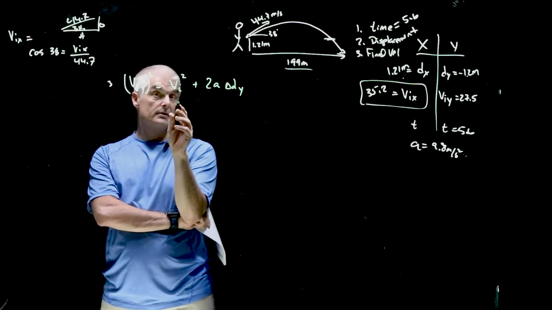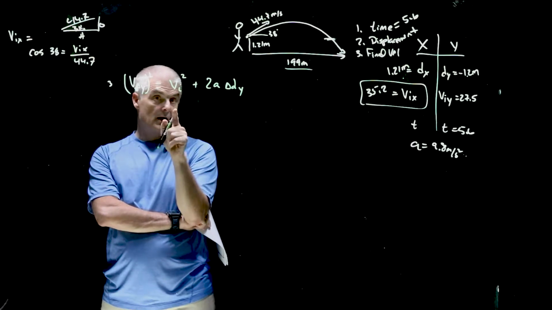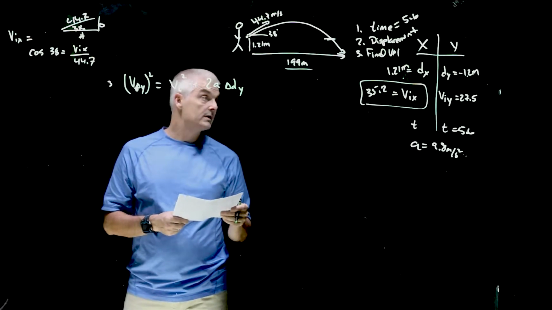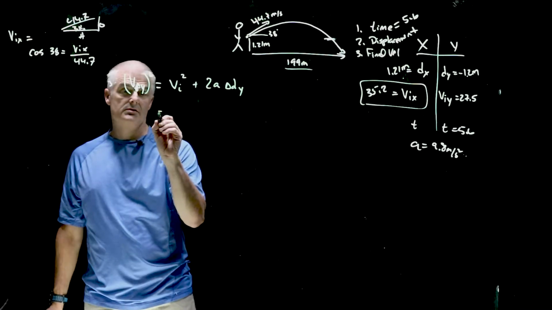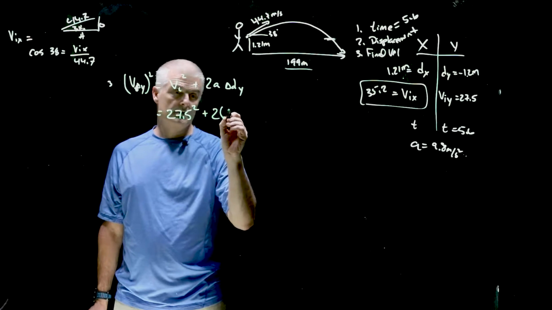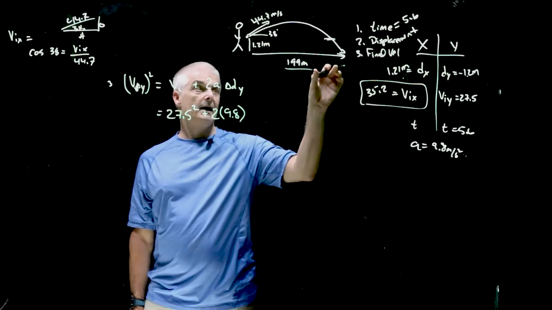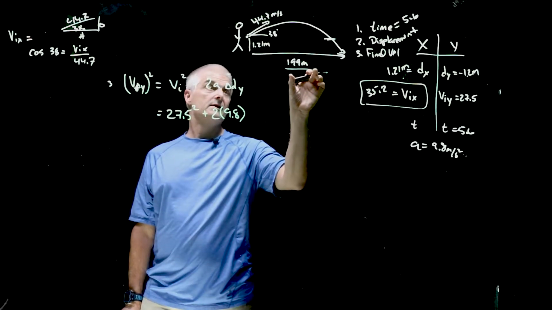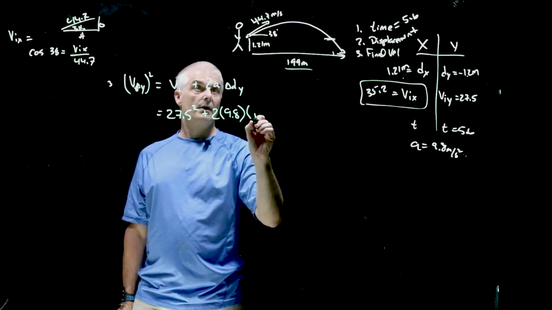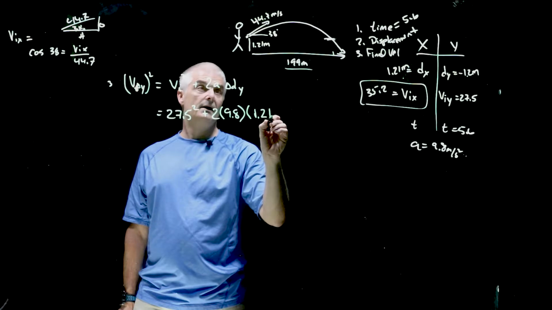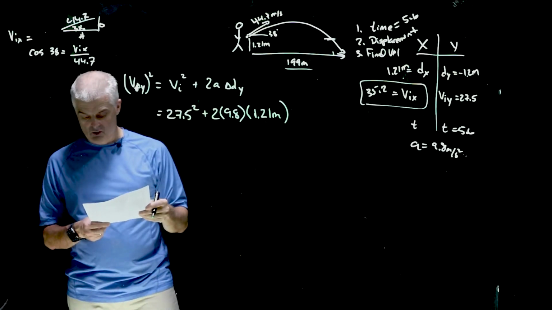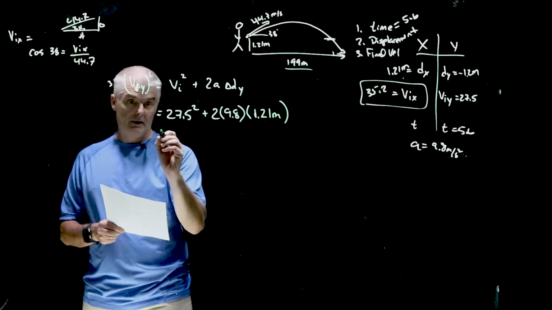I know the initial speed in the y direction is 27.5. So this is 27.5 squared plus 2 times 9.8 times the distance he's going to travel, which is 1.21 meters.